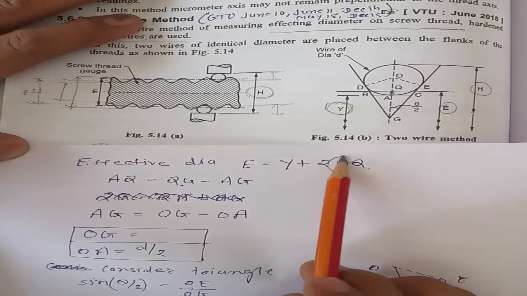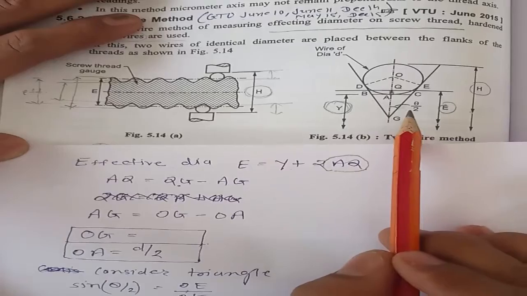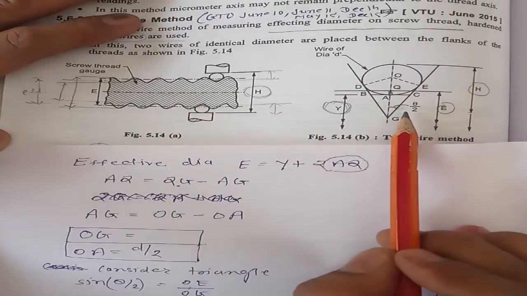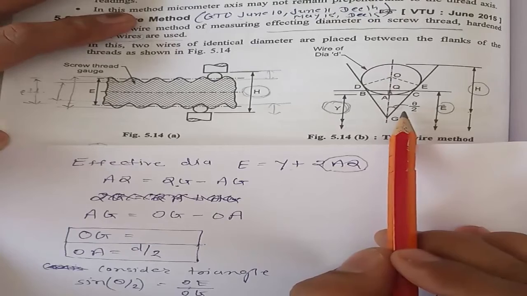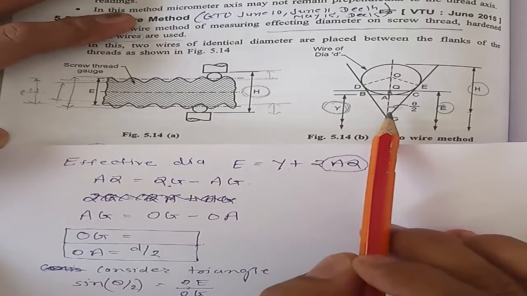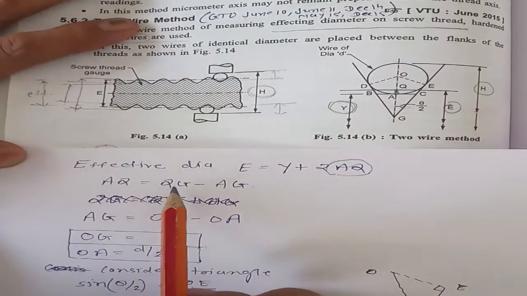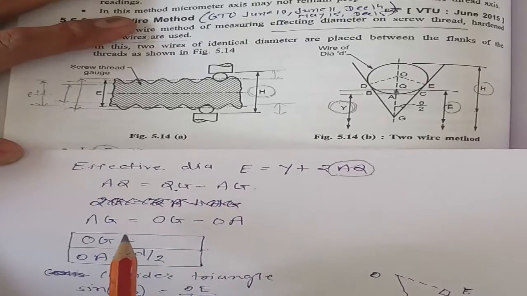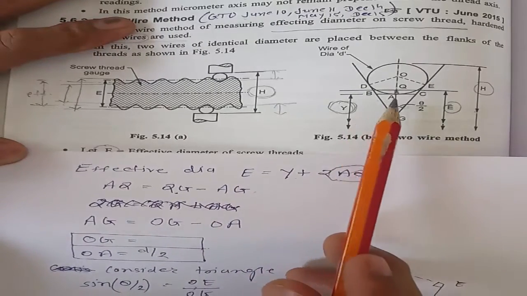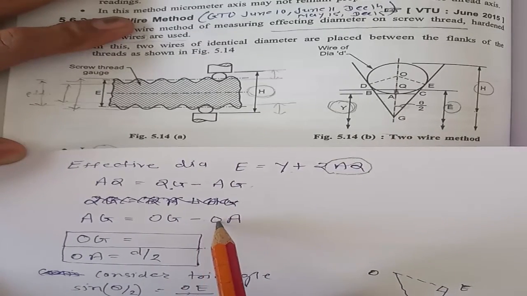Now to find AQ, pause the video and look at this figure: AQ is equal to QG minus AG. Now from this figure AG is equal to OG minus OA.